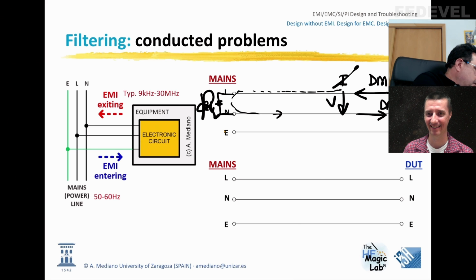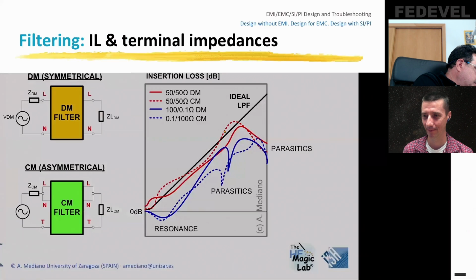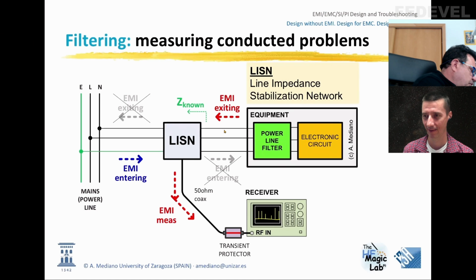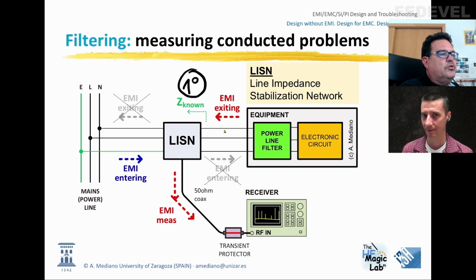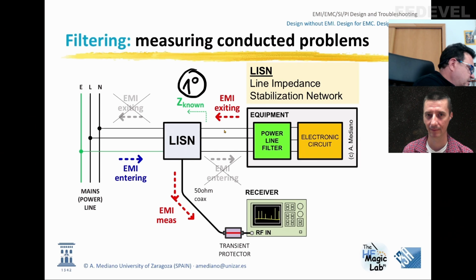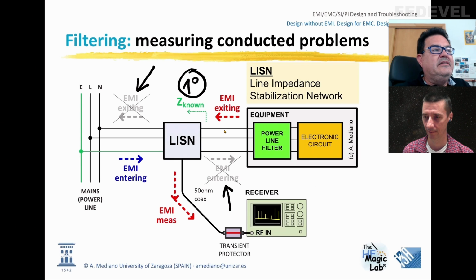So this is the first thing to do with a line impedance stabilization network. What is the second important part? You can see here, this one and this one. The idea is that while you are doing the test, your noise is not able to arrive to the line, to the mains network or to the power supply network.